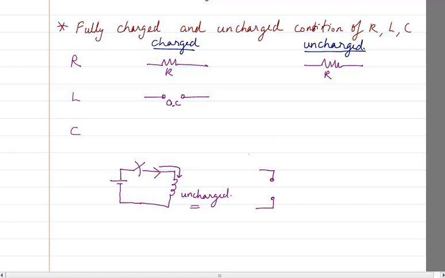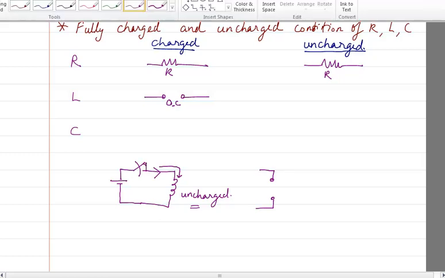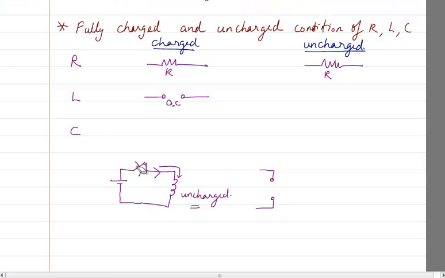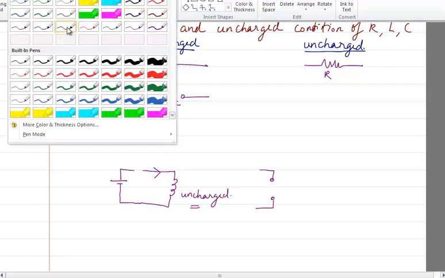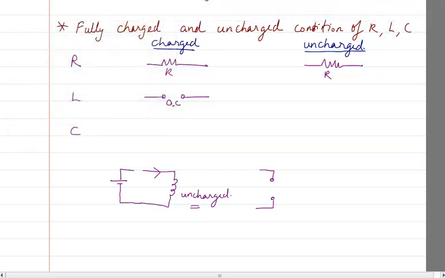Whereas suppose you have kept this closed for a long time. When you close the switch, it was initially opposing, but slowly it allowed the current to pass through it. Now after some time, when the switch is closed, what you will see is that the inductor is now charged.